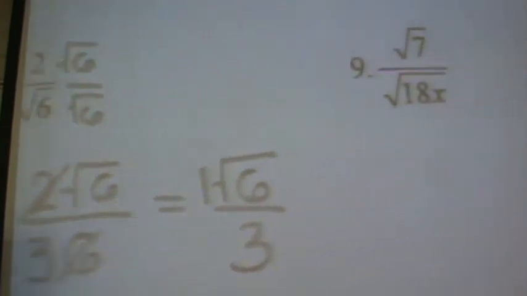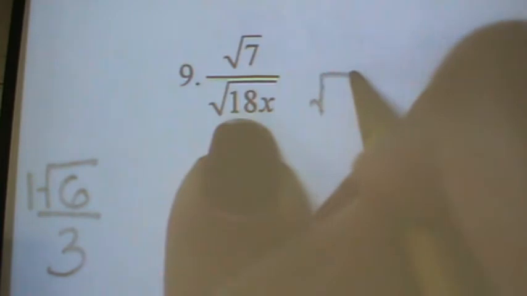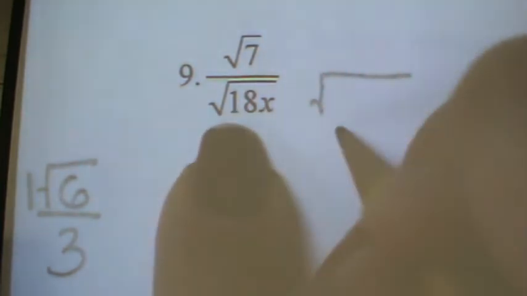Okay, another scenario. Check out this one. I could multiply the top and the bottom by what? Root 18x. I could. Do I have to? No. I could break this up. What is root 18x equivalent to?